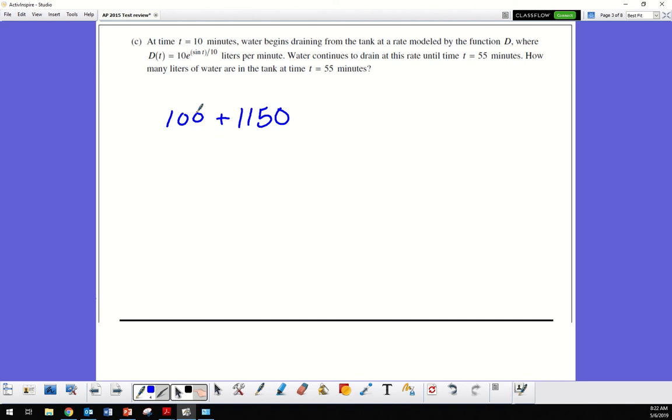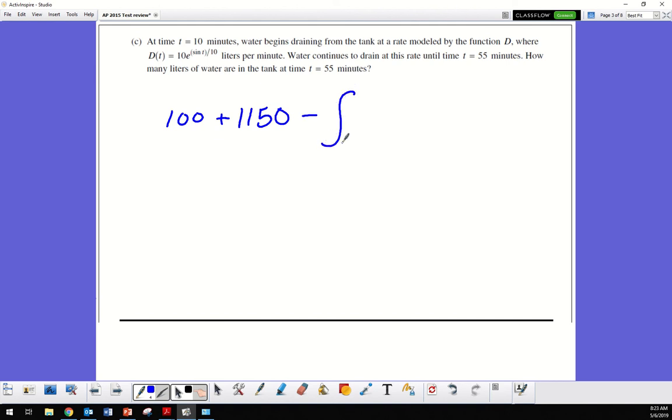Wouldn't you just use the function that it has up there and put in 55 for t? We need to just subtract the integral. Yeah, I'm going to subtract the amount. So all this right here was R going in, and D is going out. So I want to know how much is left. I already did the integral for this, and I started with this. So now I have to subtract my integral from 0 to 55.